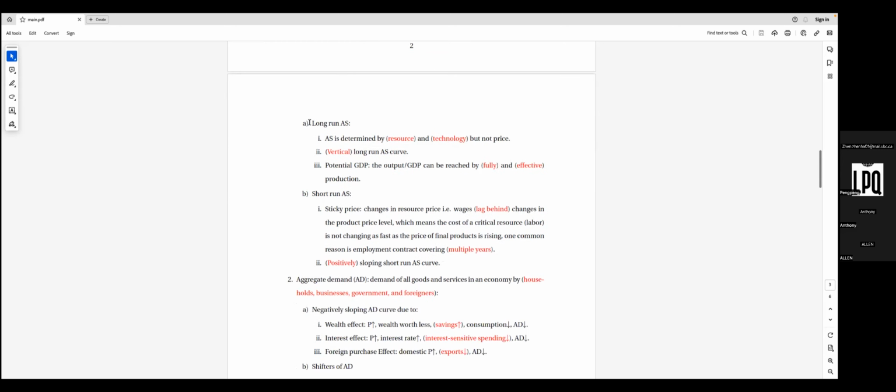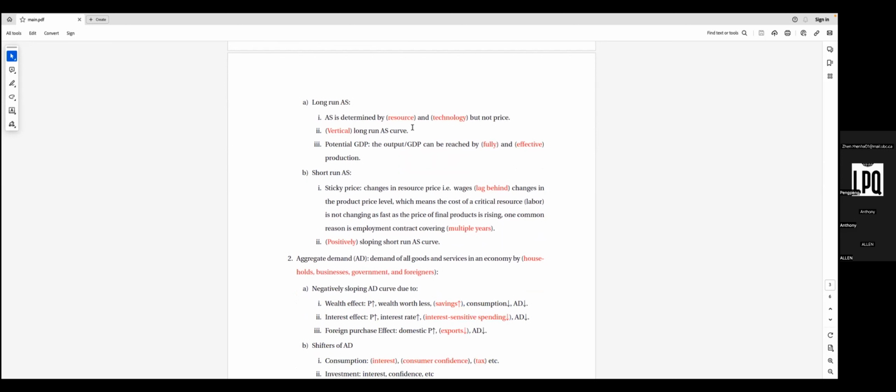And we mentioned that long run is based on classical theory. Once again, classical theory is a theory about long-run economic growth. It's not useful for short-term situations, but it's good for long-run economic growth, determined by resources and technology.